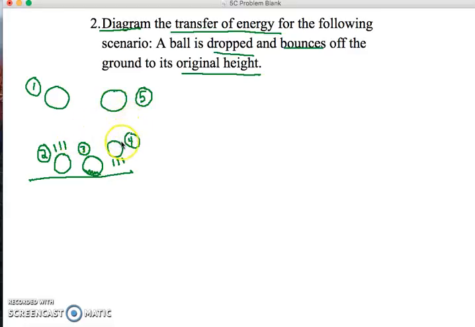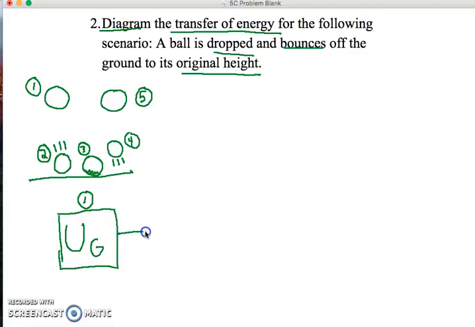Now it makes sense to show what the diagram would look like. You could argue for other types of energies, but I'm only going to show the major types in the diagram. Originally it's mostly gravitational potential, U_G, because it's held some height above the ground. This is part 1.